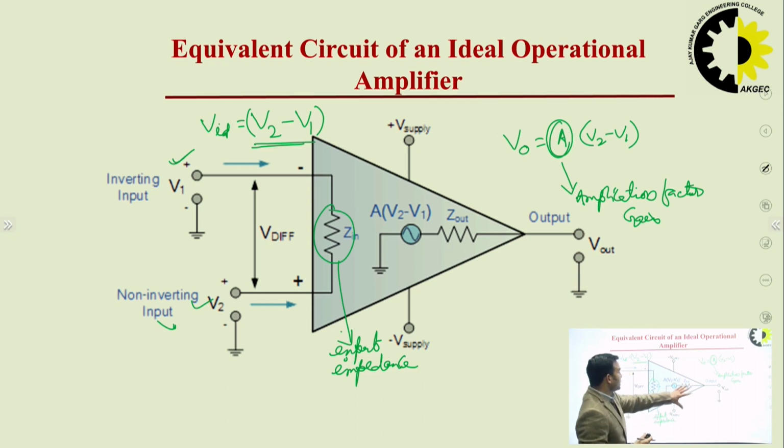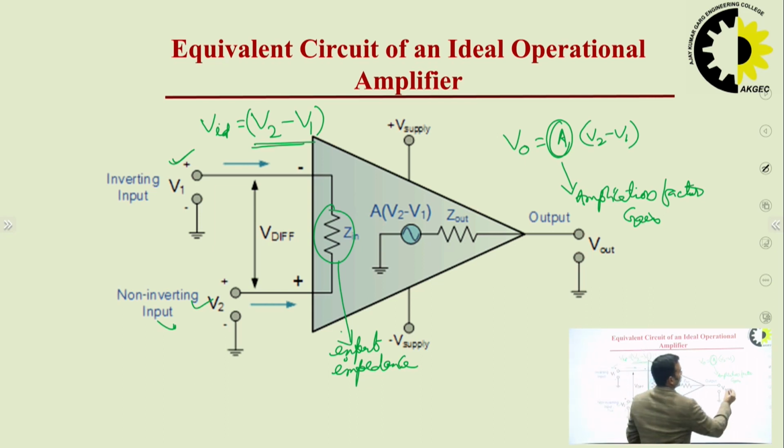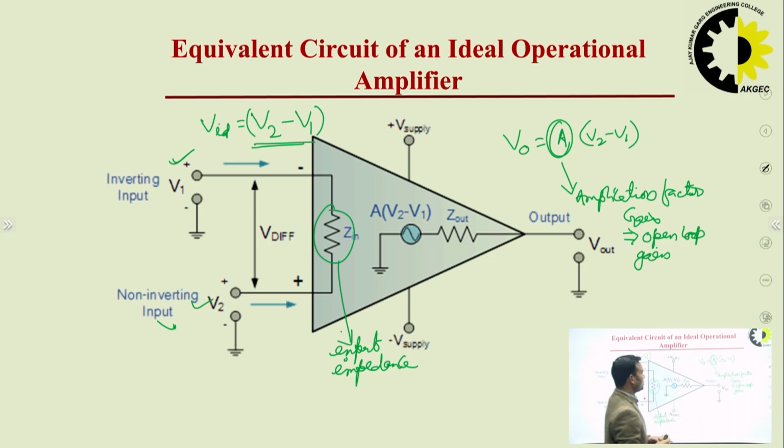And this is open loop operational amplifier, so we can also call it open loop gain. This is the output voltage.